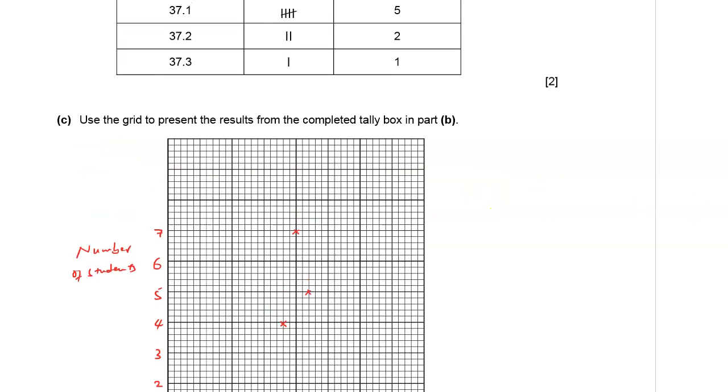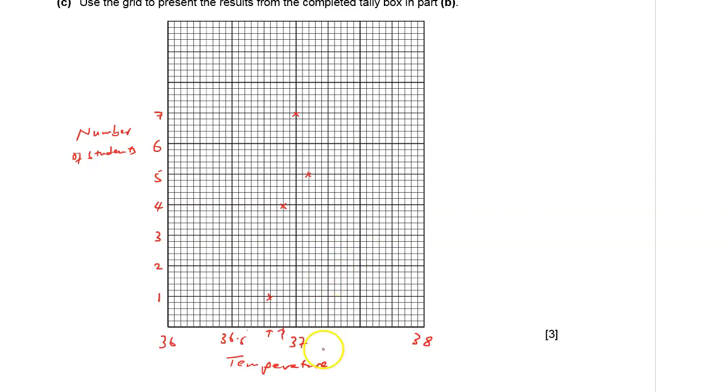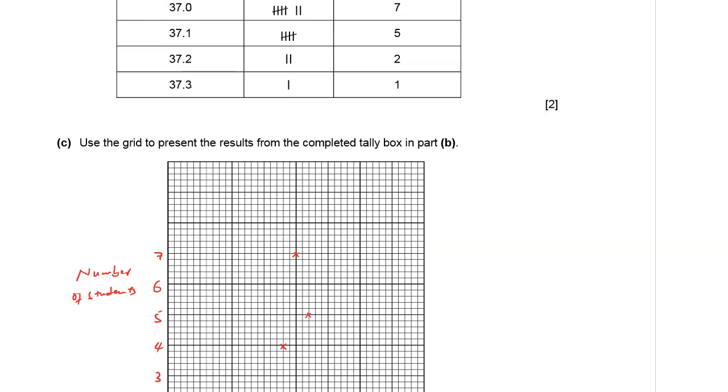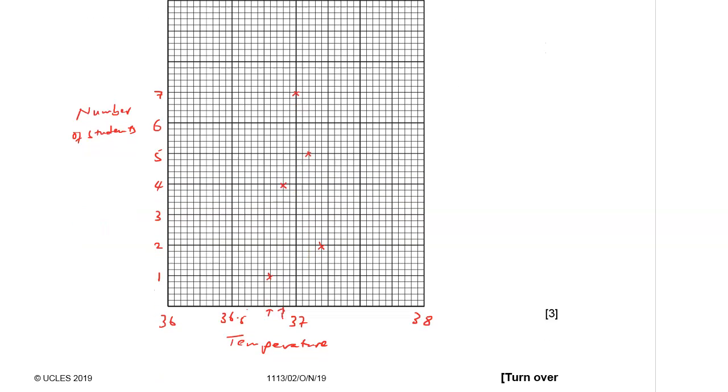Then we have 37.2 is only 2 students. That 7.2 is here. So we have 2 students at that point. Okay. And lastly, that 7.3, we have 1 student right there. That's 7.3. So this is 1, 2, 3. 1 student right there. So then now we draw the graph.